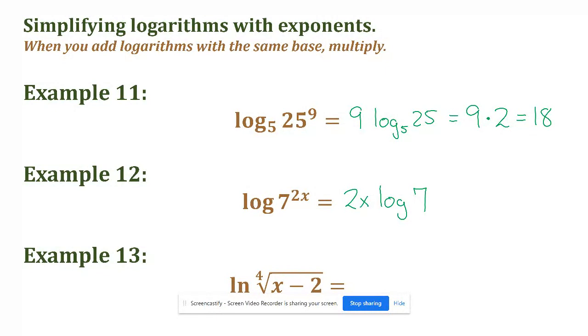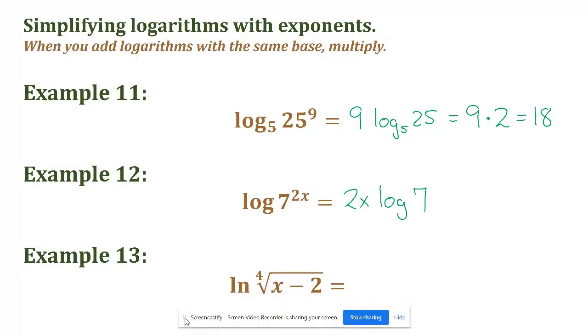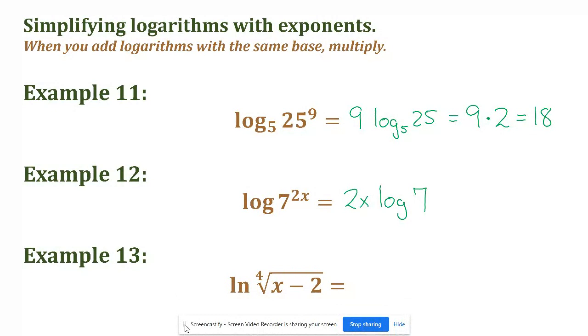Last one of these on this slide here. This looks really complicated. So we have ln, which is log base e. That doesn't really matter so much here. What matters is what's in the log. It's the 4th root of x minus 2. So I'm going to rewrite that. Remember, 4th root is the 1/4 power. So I'm going to write it as x minus 2 to the 1/4.